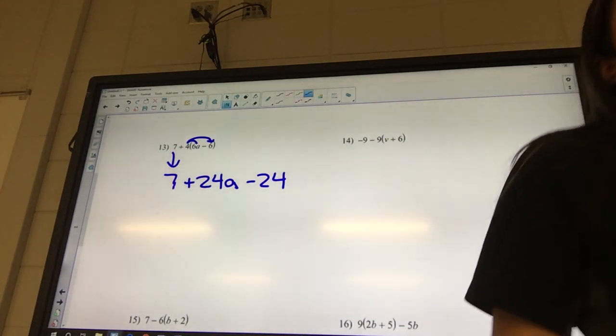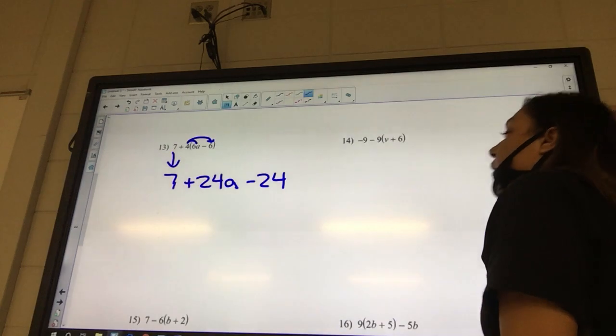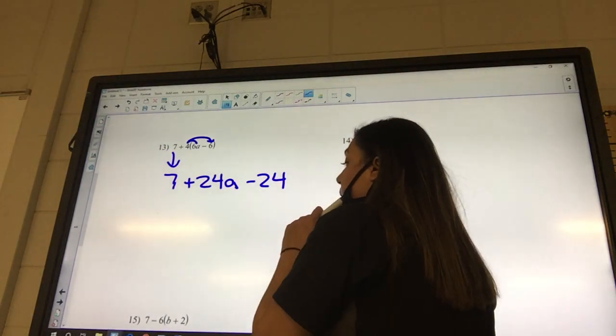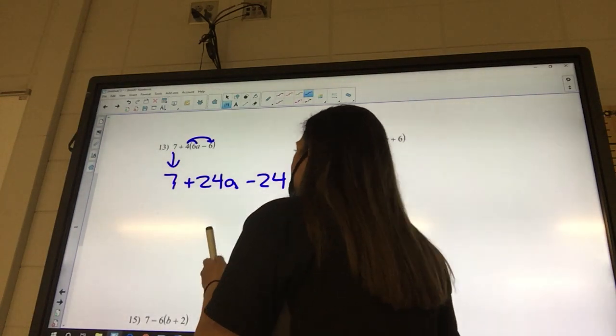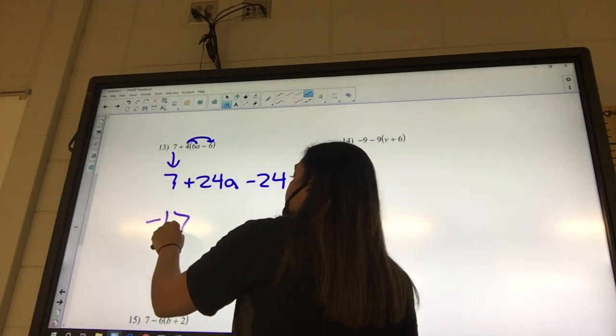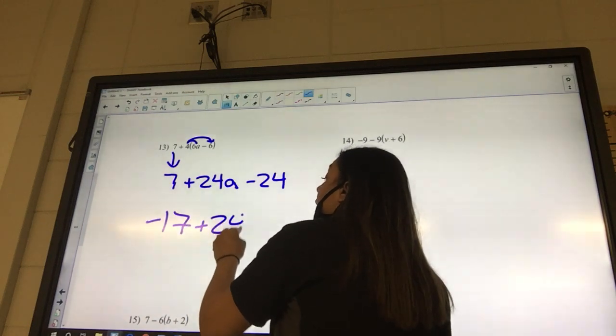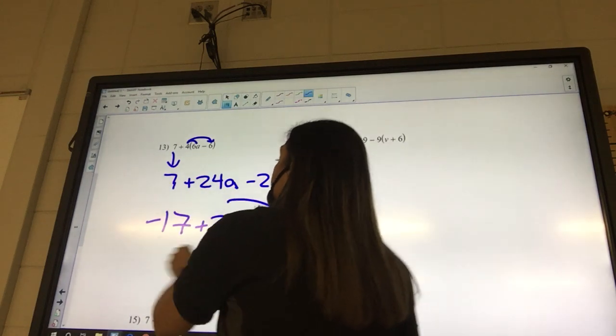What can we put together? 7 and negative 24 to give me what? Negative 17. Yeah. So negative 17 plus 24a. Good.